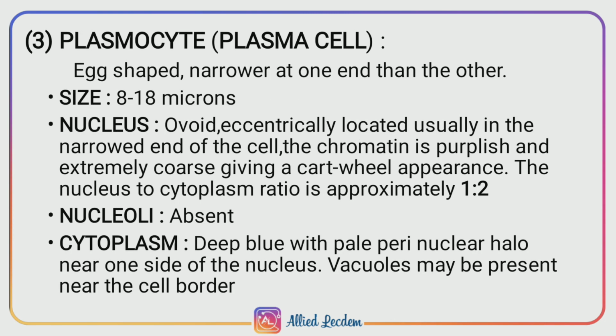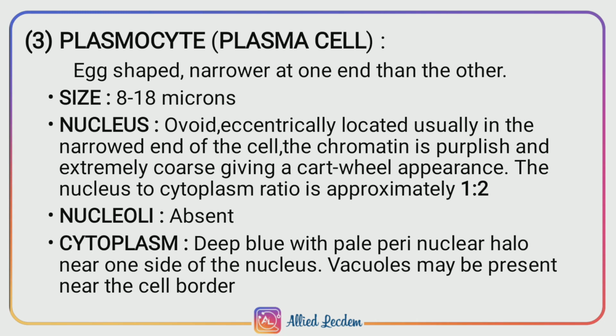Plasmocyte, a plasma cell. It is egg-shaped, that is narrower at one end and looks broader at the other end. Its size ranges from 8 to 18 microns and its nucleus is ovoid or oval shaped and it is eccentrically located, usually in the narrow end of the cell. The chromatin appears purplish and extremely coarse and gives a cartwheel appearance.